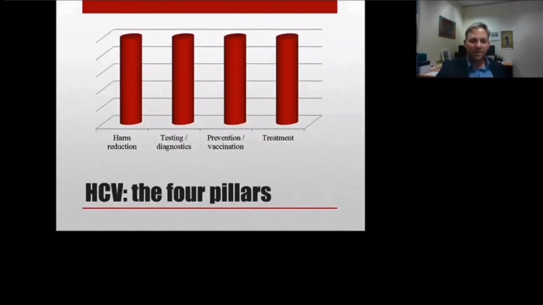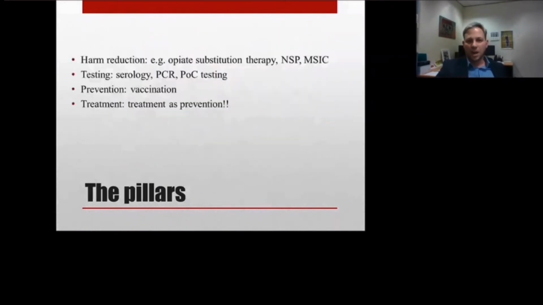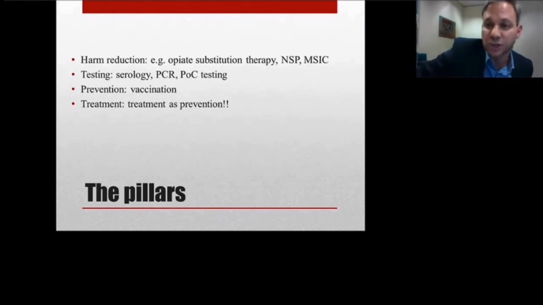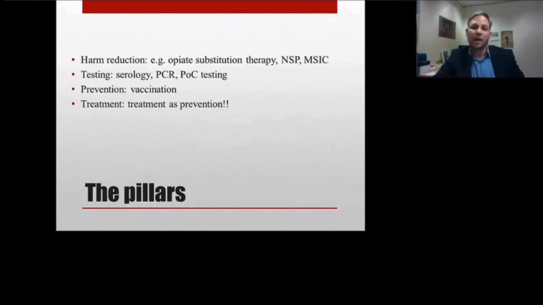So what are the four pillars of elimination? Harm reduction, testing, prevention in terms of vaccination, and treatment. Harm reduction we tend to think of in terms of opioid substitution therapy, but also needle and syringe programs and medically supervised injecting centres, because they all allow for some primary prevention in terms of engaging with people who inject drugs and stopping them getting Hep C in the first place.